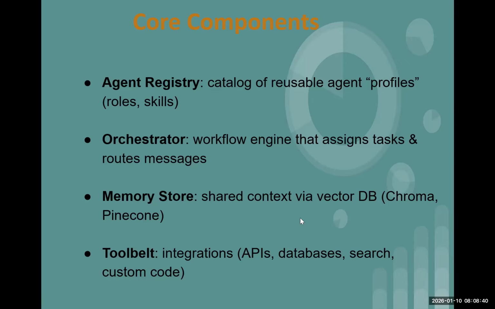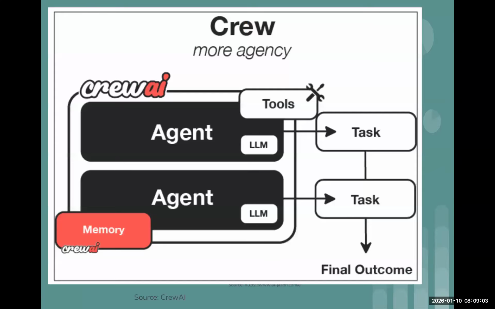Memory store, as I said, is an inbuilt memory store for the short term. For the long term, you can use any vector databases like Chroma or Pinecone for memory store. Tool belt, same thing. You can use databases, search, custom code, APIs, whatever as your tools to add to the set.